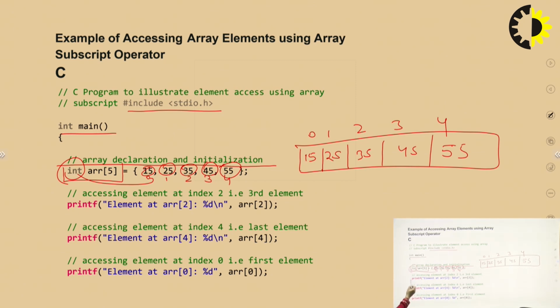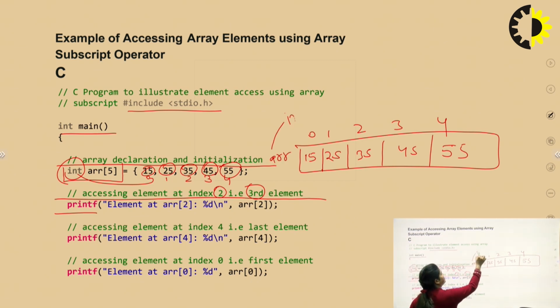Now, in order to access the element at index 2, or the 3rd position, what we have to write inside the print statement: printf, the element at array, where the name of this array is given, and its type is integer. Now printf element at array 2, %d because of integer, and then the comma, array name at index. This is the subscript, which I told you in the previous slide.